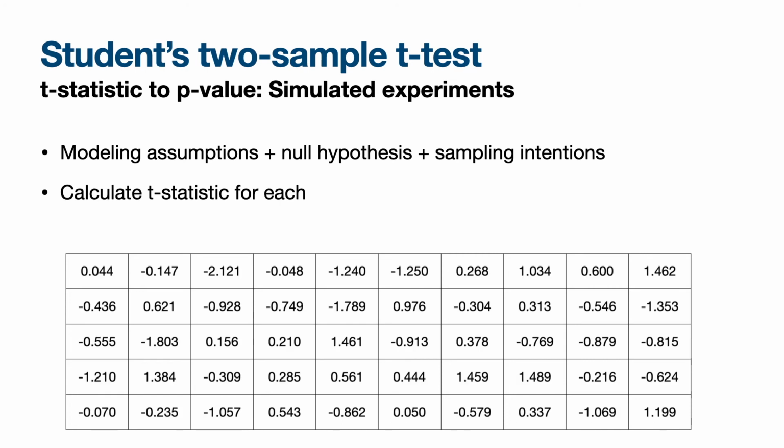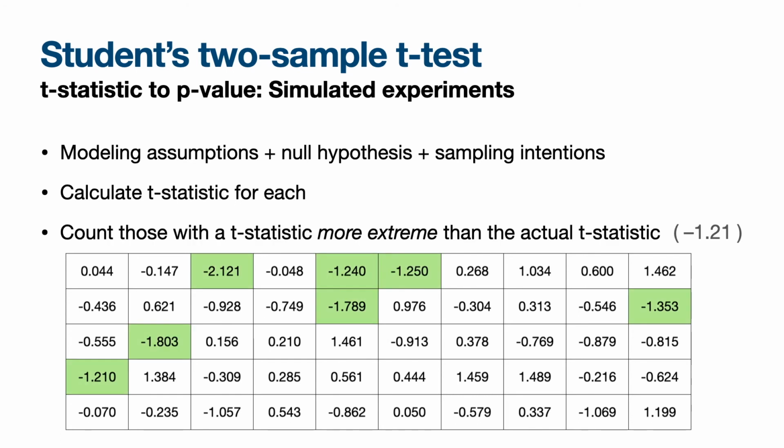Then we calculate the test statistic for each and calculate how many of them are more extreme than what we observed. In this case, more extreme is defined at the beginning of the analysis as lower than the actual t-test statistic because we wouldn't count it as a success if a weight loss drug increased the weight. This means we are calculating a one-sided p-value.